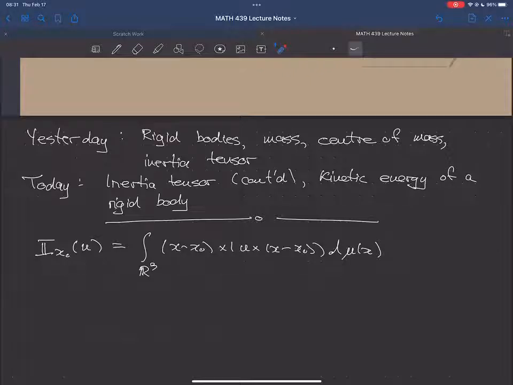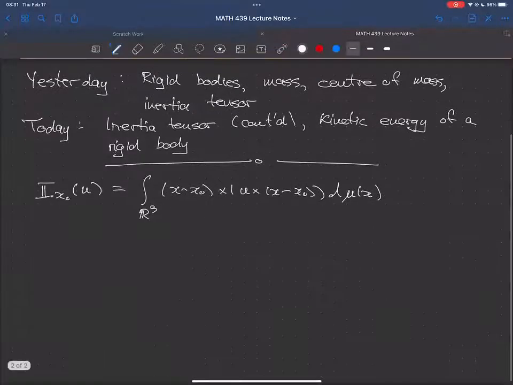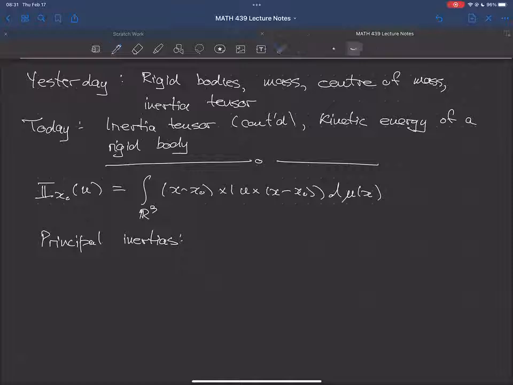And we showed a couple things about the inertia tensor last time. So we showed that we had principal inertias. Okay, and the principal inertias were the eigenvalues of the inertia tensor. And so these were real because we showed that the inertia tensor was symmetric.